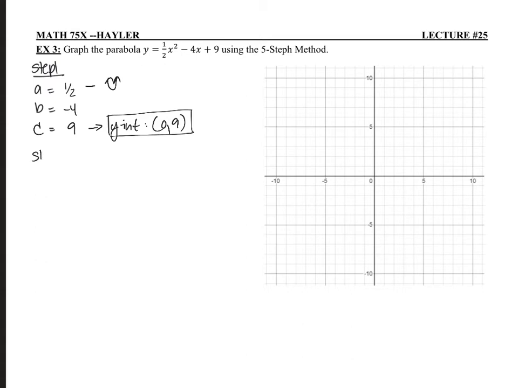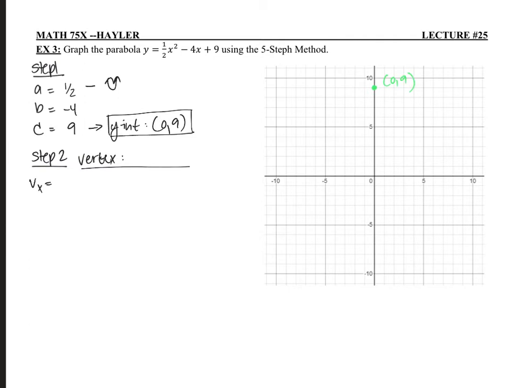Alright, so step 2, my vertex. I'll go ahead and also plot my y-intercept value first before I continue. 0, 9. Alright, so for my vertex, we're going to use our vertex formula.